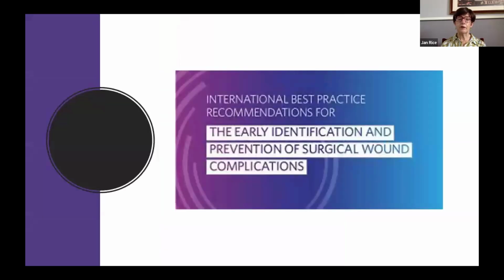And then I'm just wrapping up with a bit on surgical wounds. I'm quite keen on having a look at what's available out there. There's actually a journal now on prevention of surgical wound dehiscence. So this is the international best practice recommendation for the early identification and prevention of surgical complications.